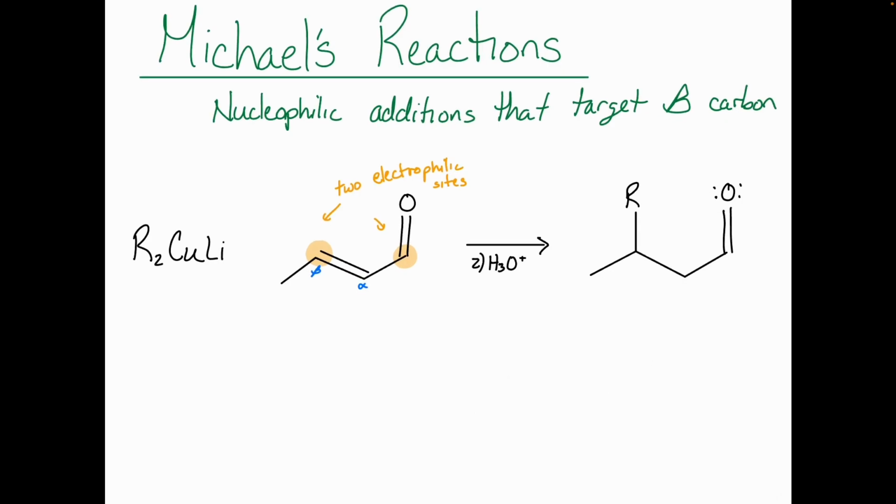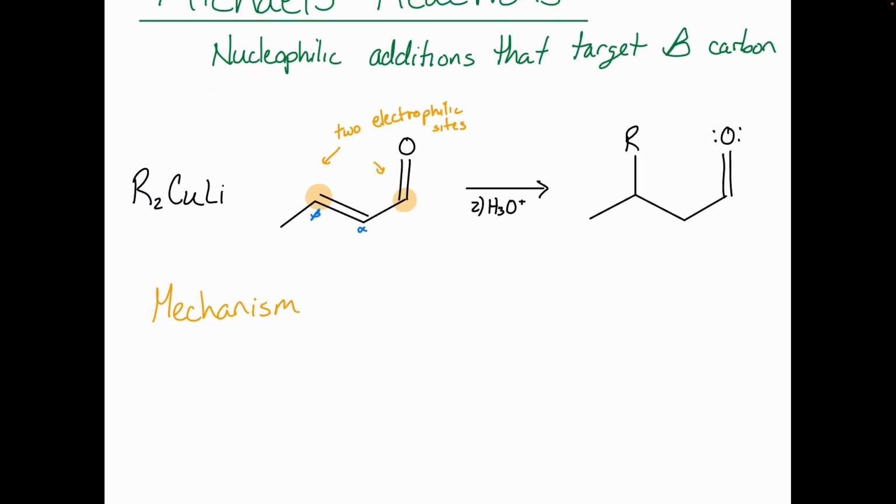So specifically our mechanism here, I'm just going to use a generic nucleophile because we're going to extend this. My nucleophile is going to specifically attack that second electrophilic site, that beta carbon. And that causes, through resonance, this big shift up to that oxygen.